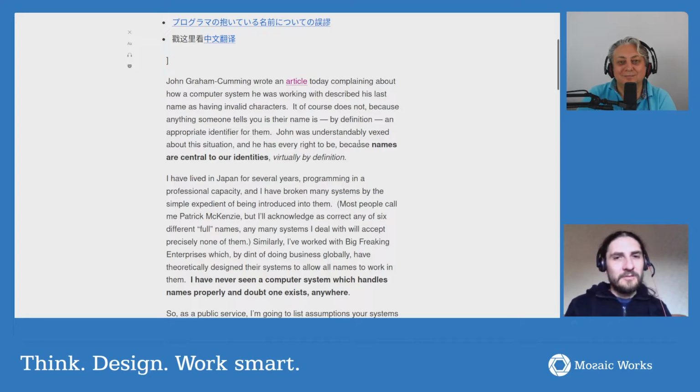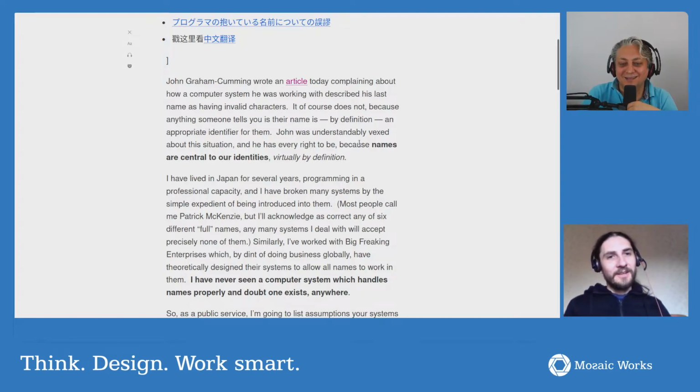So the bank needs to make sure that his name will be with diacritics. But guess what? Core banking systems are typically very old and they don't use UTF-8. They are mainframes.